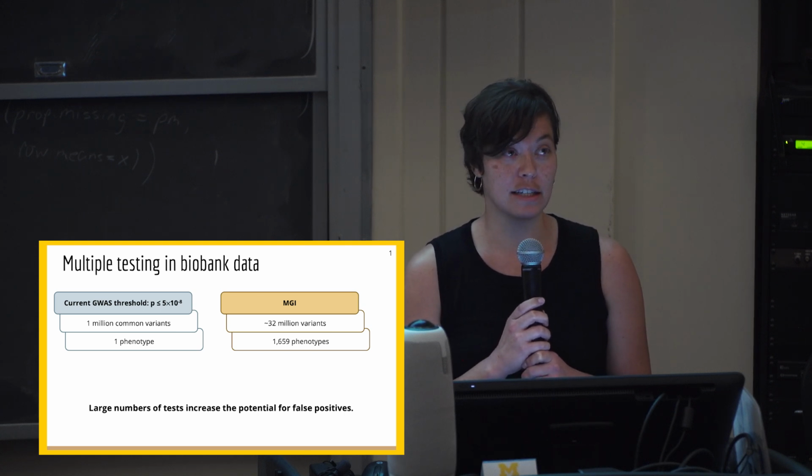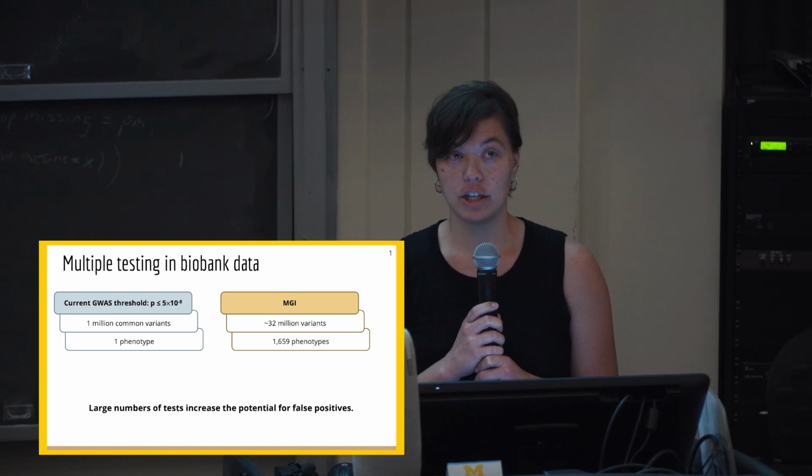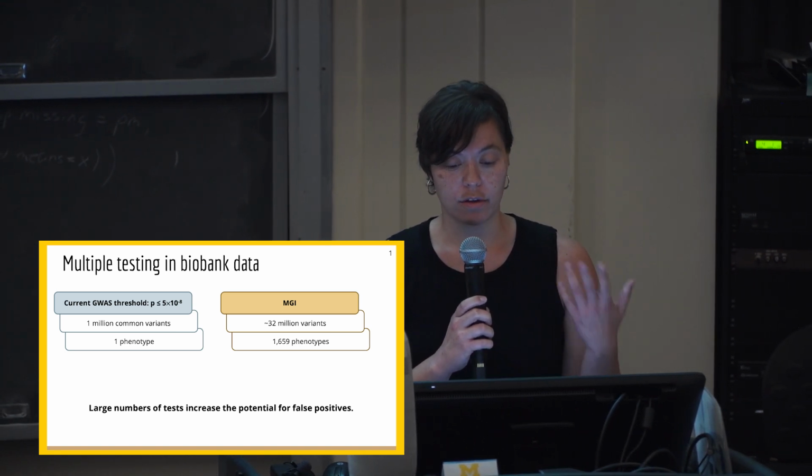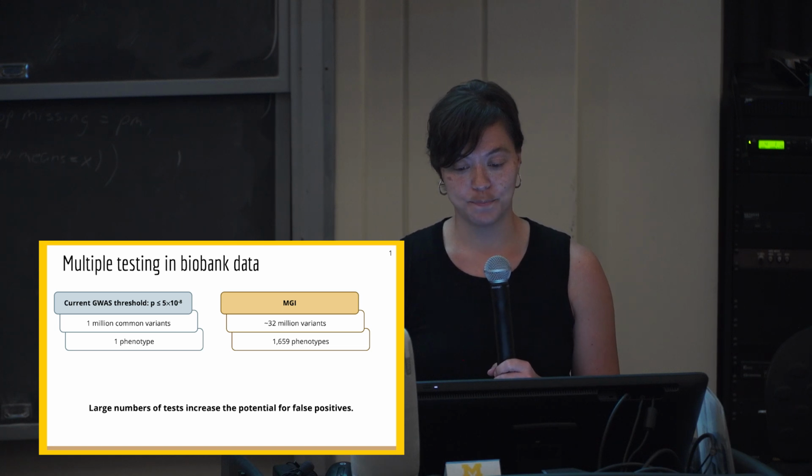And about 1,700 phenotypes. We know that the more tests we perform on data, the more likely it is that false positives will occur by chance, so we need some sort of correction for this large biobank situation.